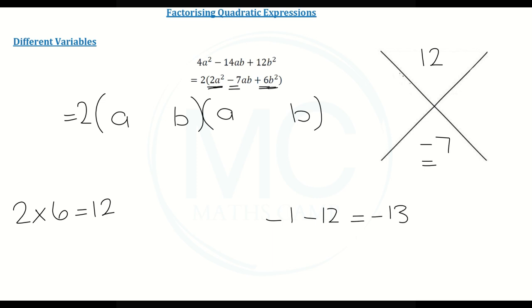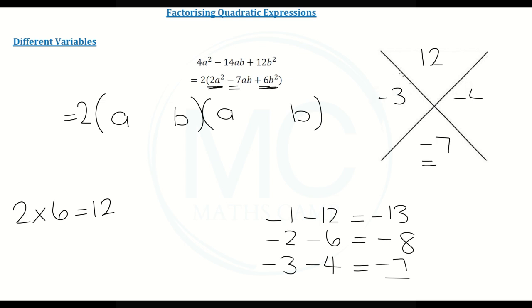Can't be that. 12 divided by negative 2 gives us negative 6. Negative 2 minus 6 is negative 8. It's not going to work either. 12 divided by negative 3 gives us negative 4. Negative 3 minus 4 gives us negative 7. It's the value we've been looking for. So over here, we can say negative 3 and negative 4.